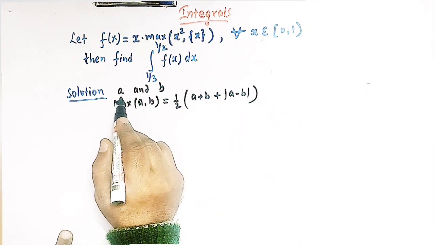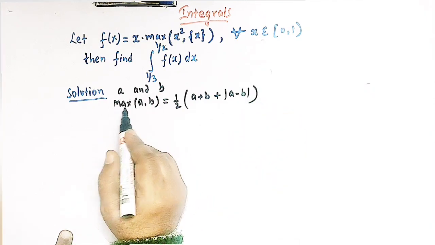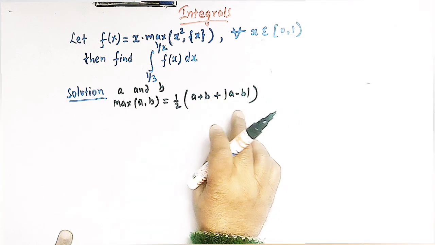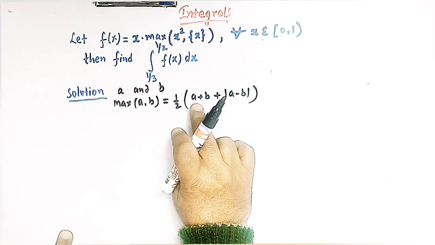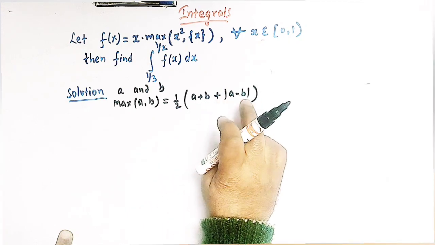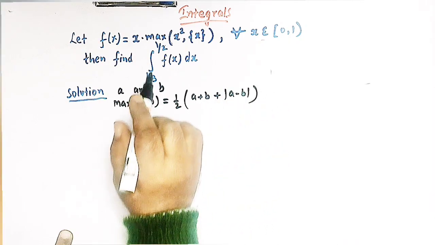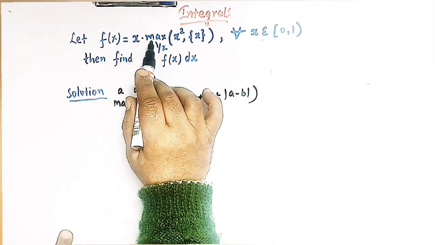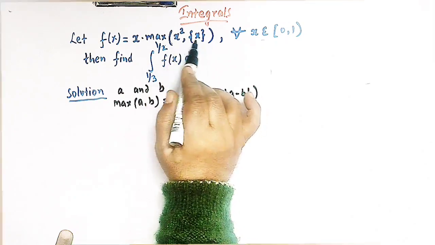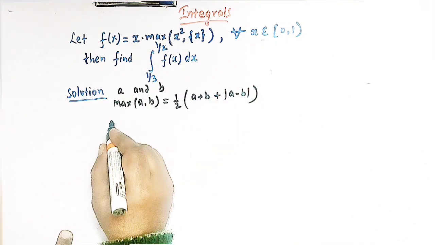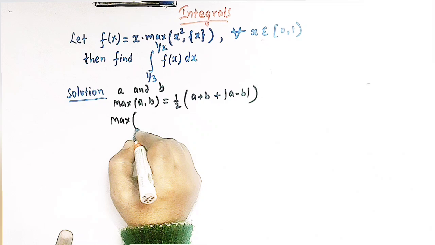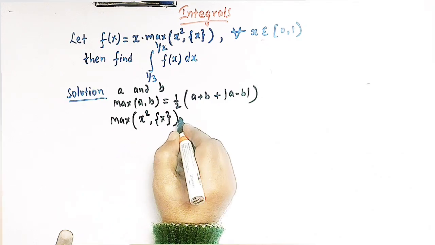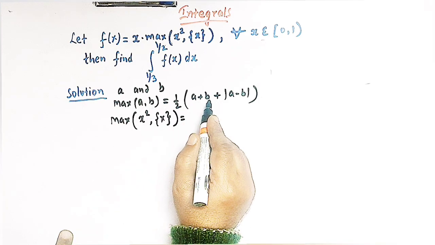So whenever we have two quantities, say a and b, then the maximum of a and b is given by this expression, that is half of a plus b plus mod of a minus b. So here the function f of x has maximum of x square comma fractional part of x. So a maximum of x square comma fractional part of x is given by this expression.